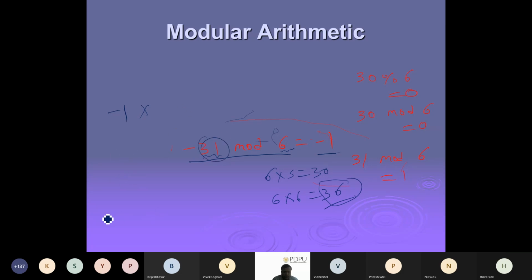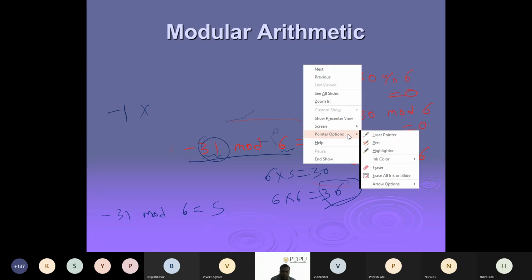It means minus 31 mod 6 equals 5. So from whatever negative number is given to you, you have to take the next multiple of 6 in the positive direction, just the reverse of what we do with positive 31, where we take the highest multiple that is less than 31. Then we take the difference and that is our answer. Make sure the modulo always gives you a non-negative number.